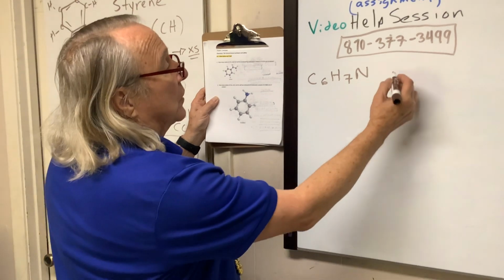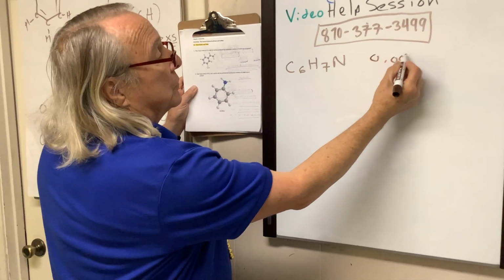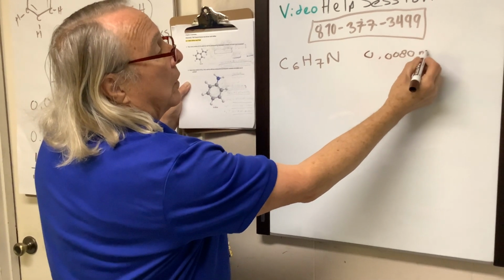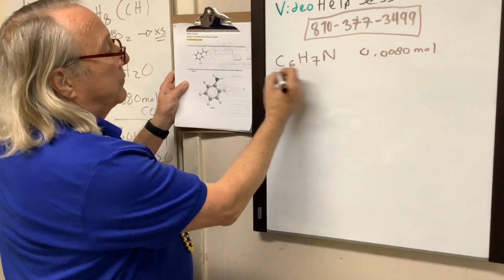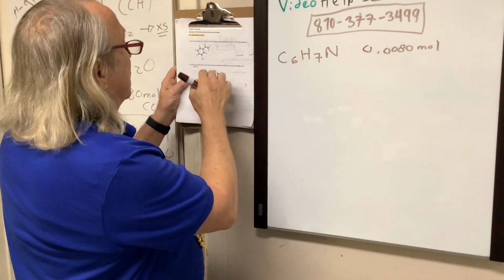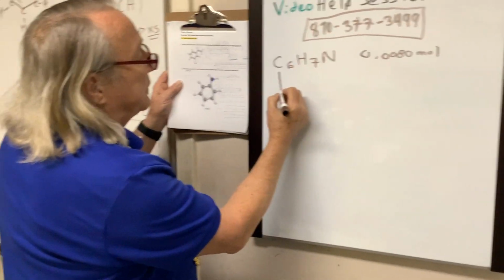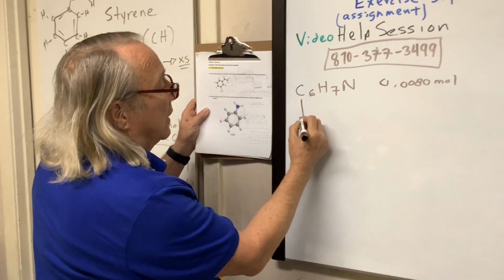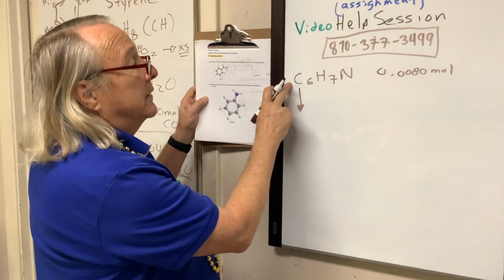And it says I started with 0.0080 mole. So now, it said how much carbon dioxide, water, and nitrogen will be made. So for every mole of this, there's 6 moles of carbon in every mole of aniline.